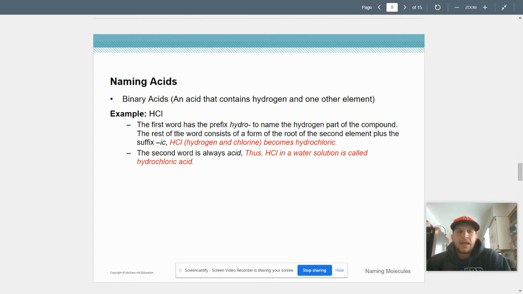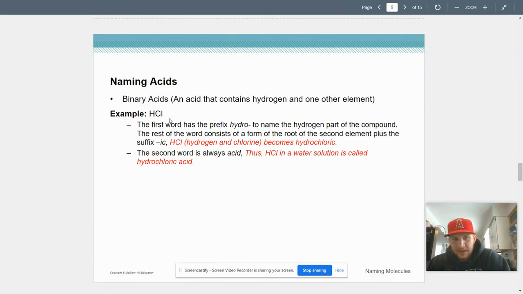So when we're dealing with binary acids, things like hydrochloric acid or hydroiodic acid, where we're dealing with just hydrogen and one other element, the rule that we're going to use is the prefix hydro, which we're using to name our hydrogen part of the compound. And then the rest of our word is just the root of the second element and then the suffix ic.